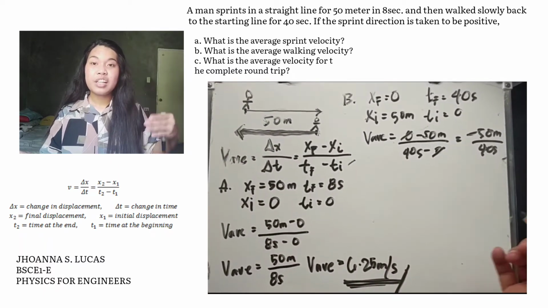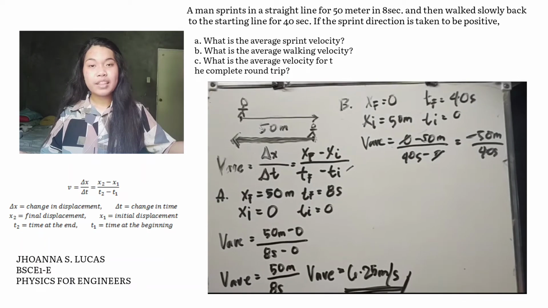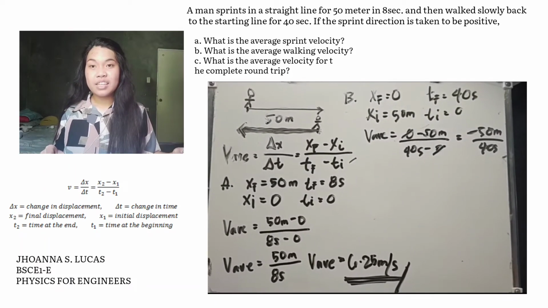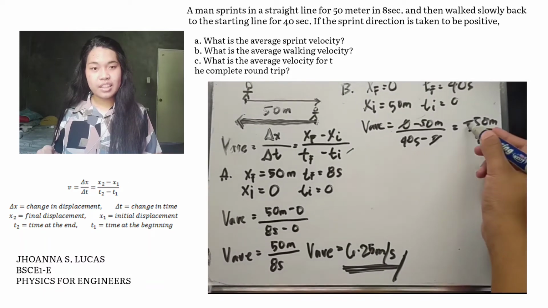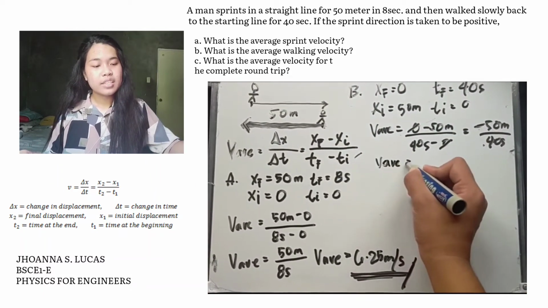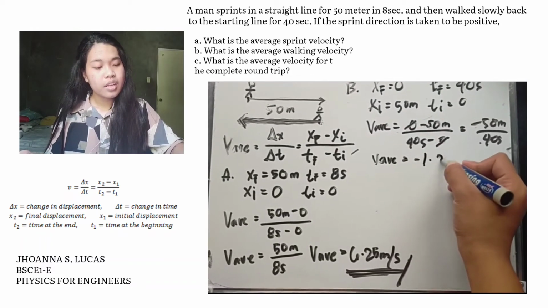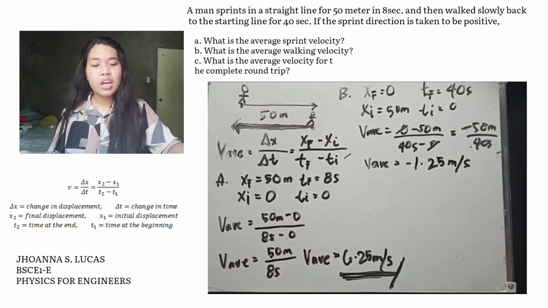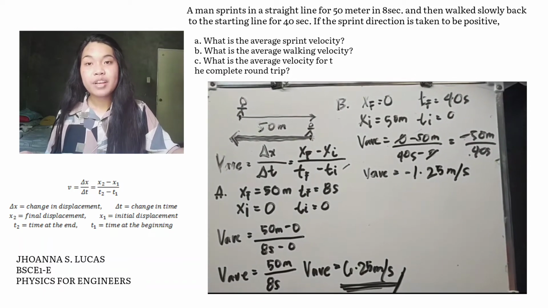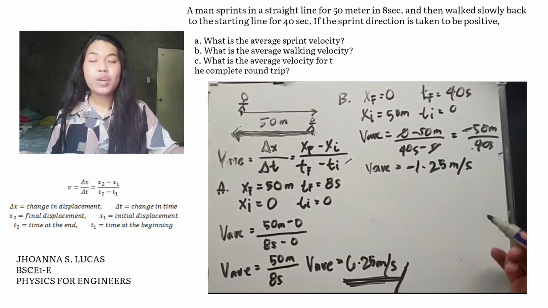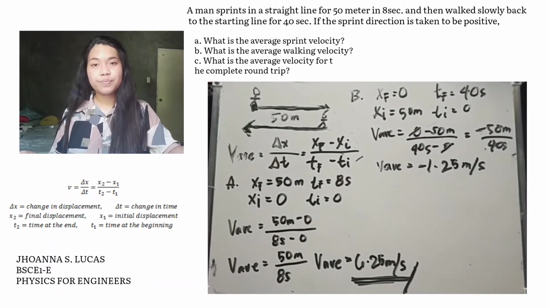It is really expected that the answer will be negative since the left side of the x-axis is negative. So, negative 50 meters over 40 seconds is equal to negative 1.25 meters per second. And our average walking velocity is negative 1.25 meters per second.